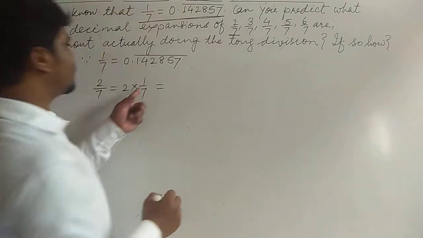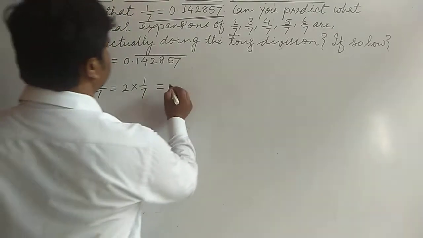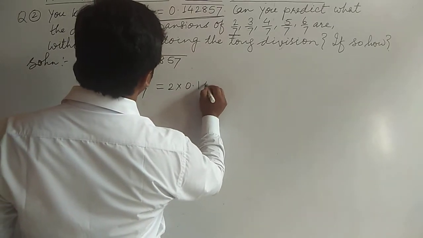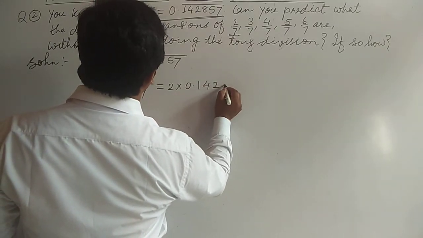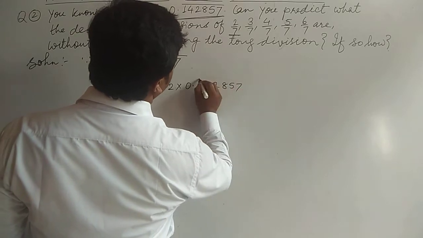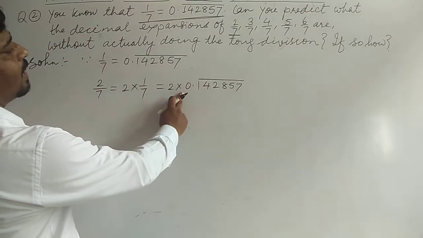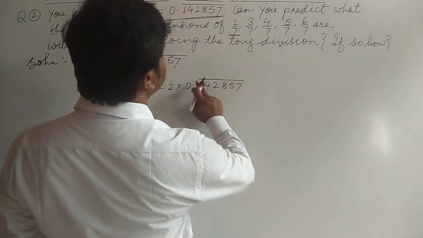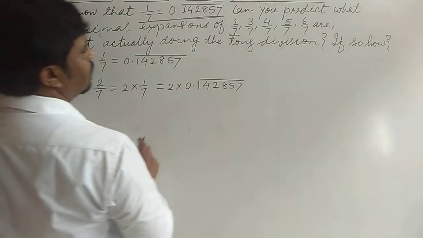And the value of 1 by 7 we already have. So we will do 2 multiplied by 0.142857, and that is repeated.